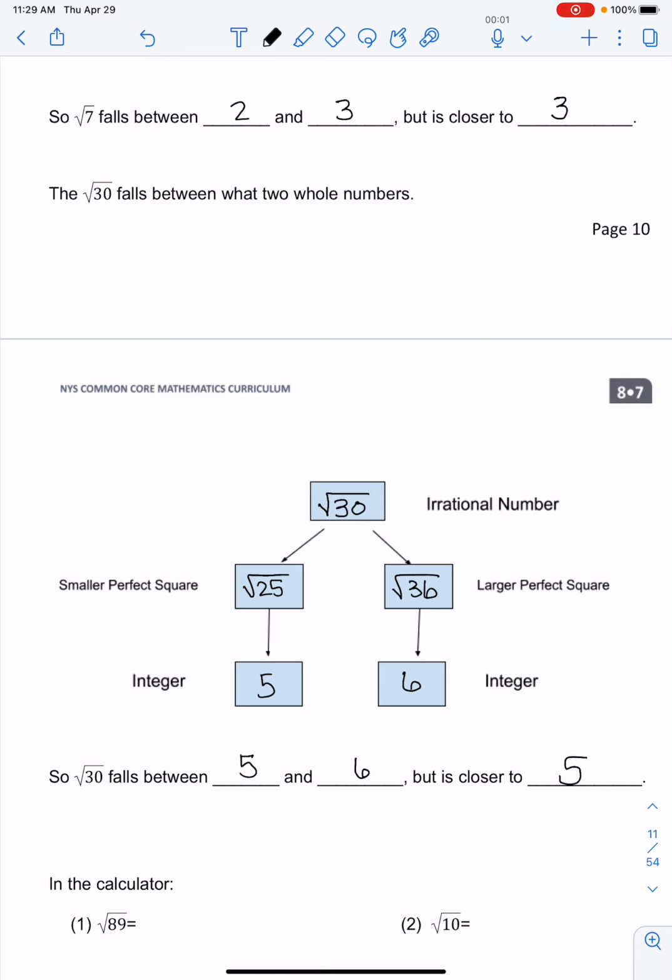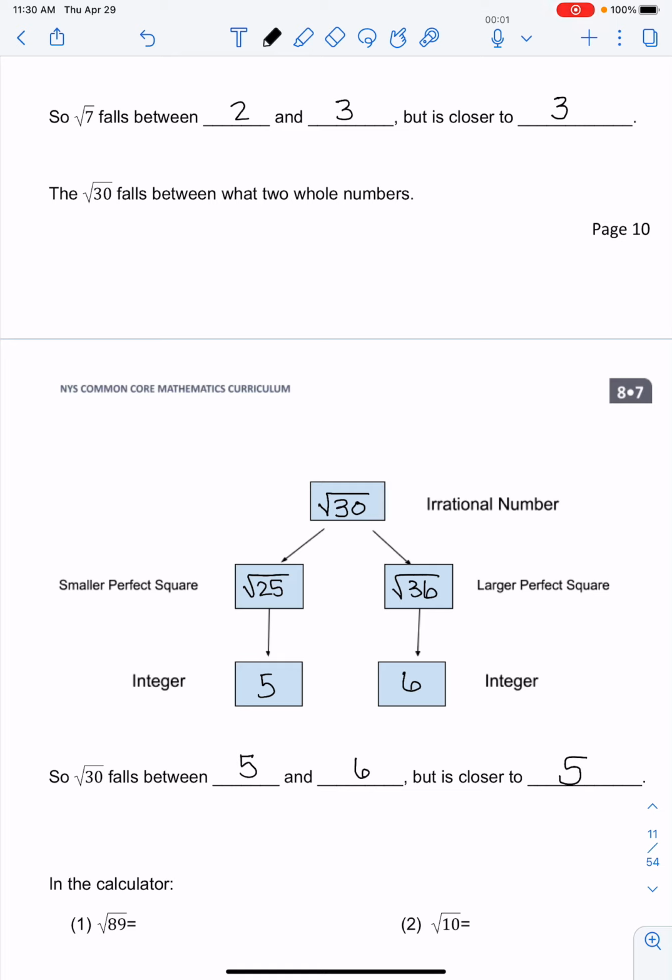And how can we tell? If I were to put the square root of 30 in our calculators and actually found out what that number is, it's 5.477225575.